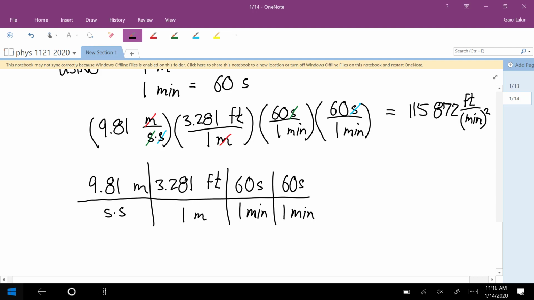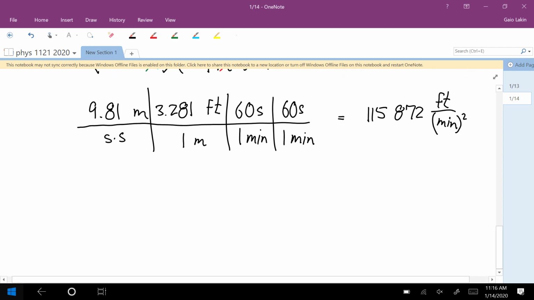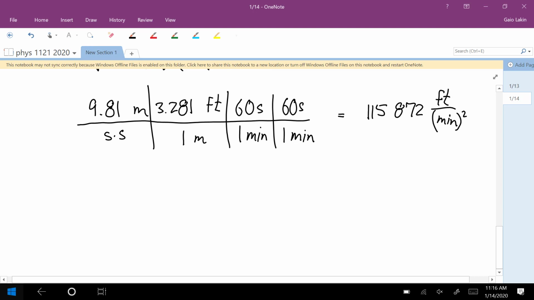The cancellations all work out the same. It's just, I don't know, to me it's a little easier to visualize, but it comes out the same. Okay. Any questions about that?